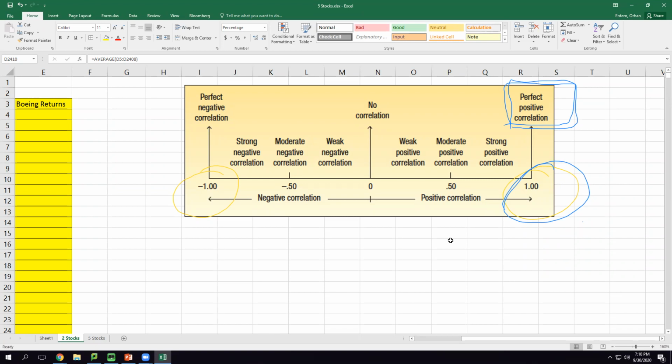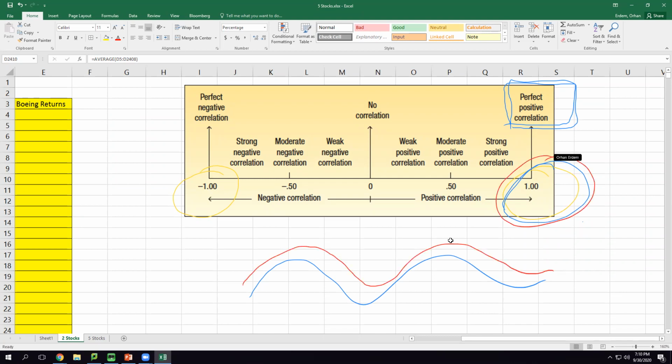If two variables are moving together like this, so this is one stock, for example, and this is the other stock, and they are totally moving in the same direction, they are positively correlated at 1. Did you get this?